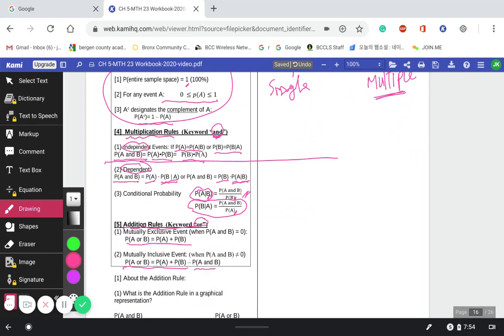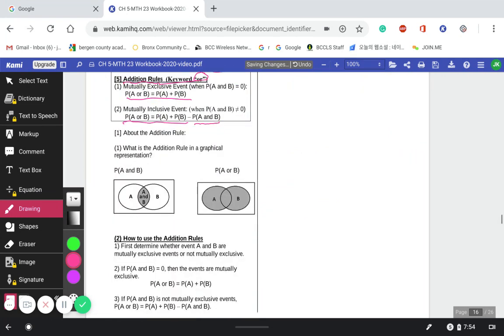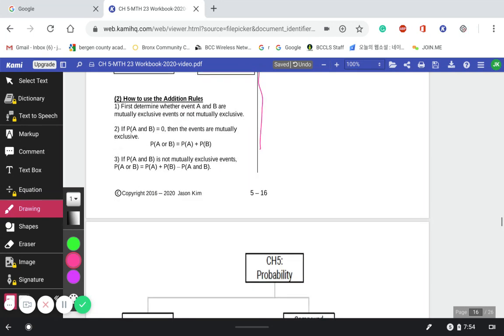Now the next page gives us a chart of what we need to know in chapter 5. Chapter 5 probability consists of single event and multiple events. So compound event is multiple events.